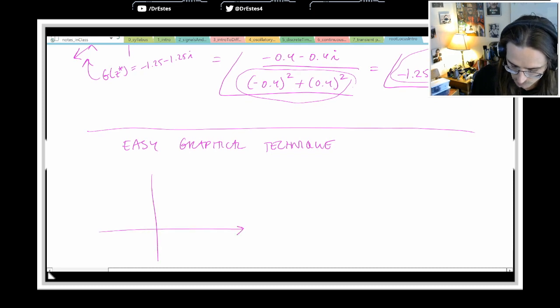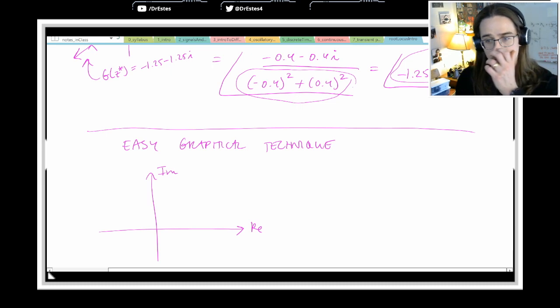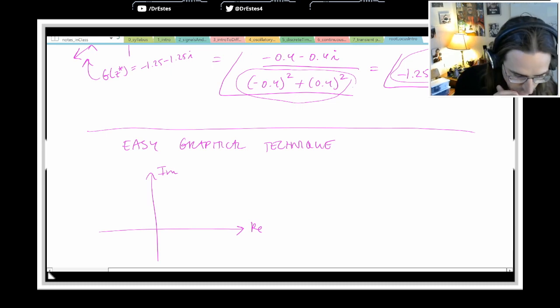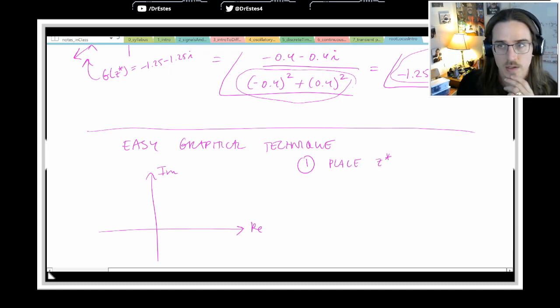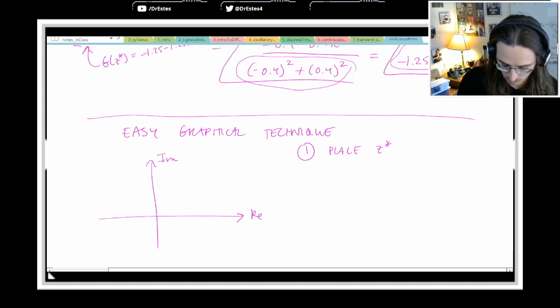Okay, easy graphical technique. So first, we're going to start with the complex plane once again. And step 1 is place z star in the complex plane. So for this, it was 0.4 plus or minus 0.4i, and I'm just putting the positive conjugate.